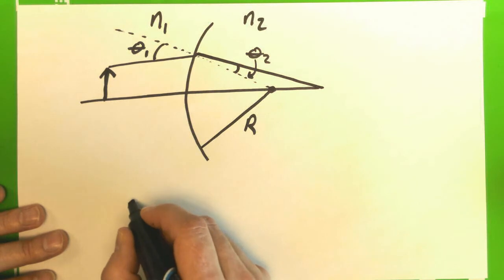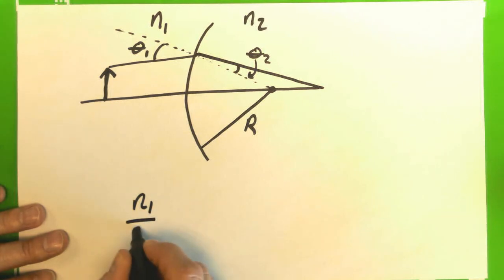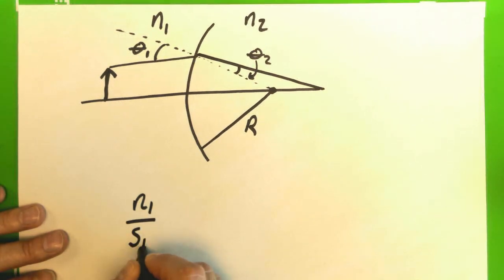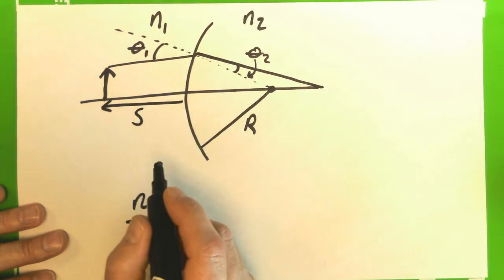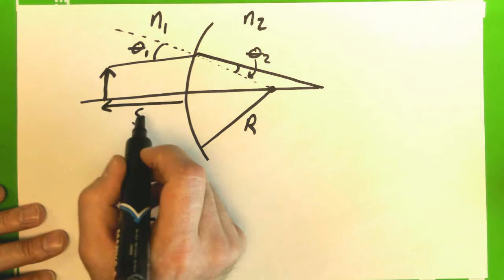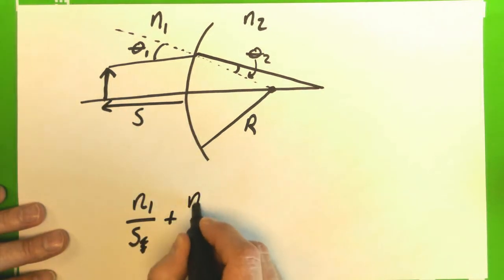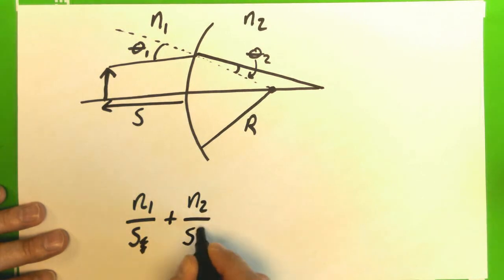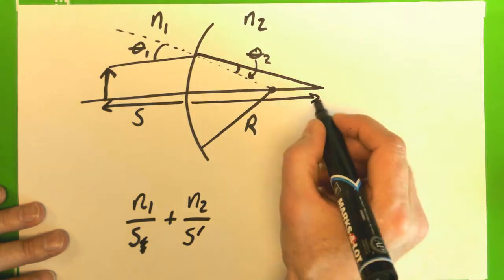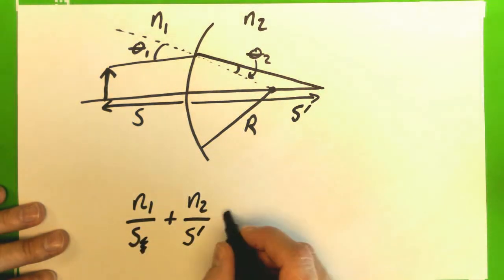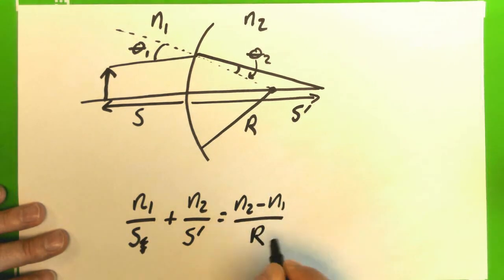What it ends up giving, by doing all the careful geometry, is that N1 over S, S being the distance from the surface to the object, plus N2 over S prime, being the distance from the surface to where the image forms, equals N2 minus N1 over R.